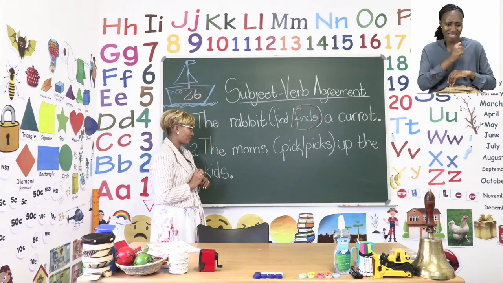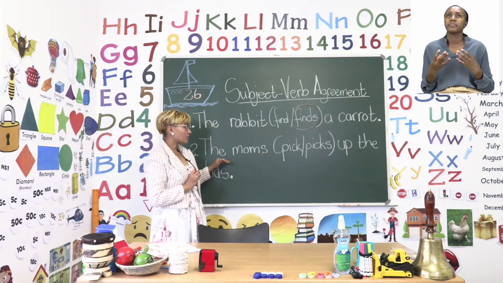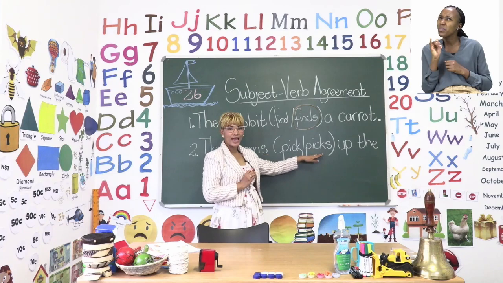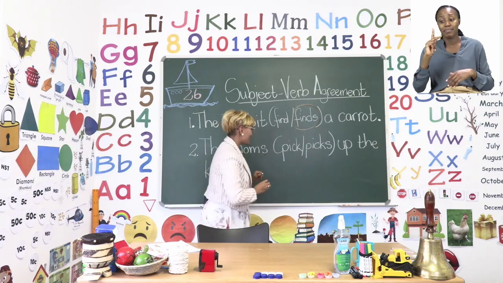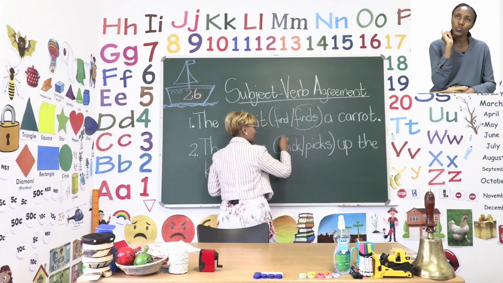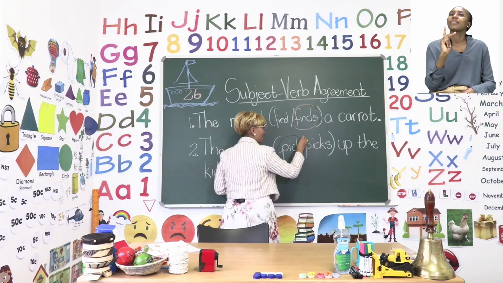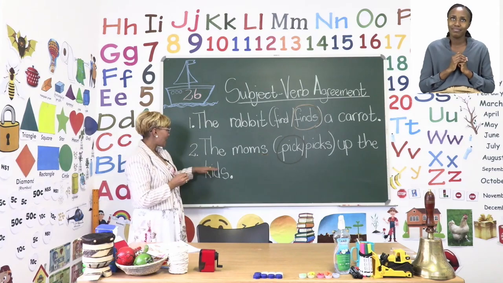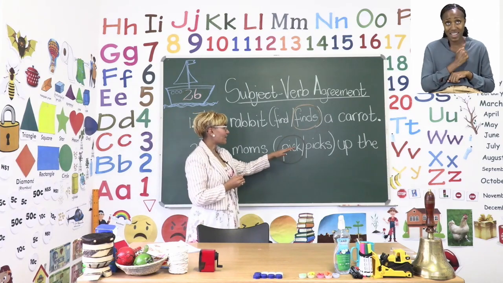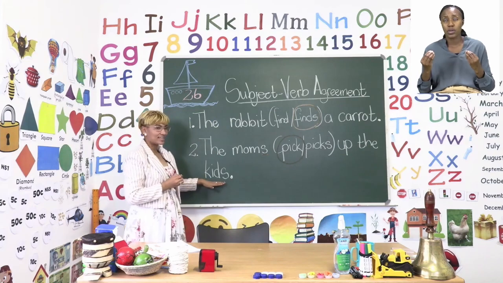All right. So, which verb do we have to circle? That's right, everyone. The first one that says pick. So now your sentence will read, the moms pick up the kids.